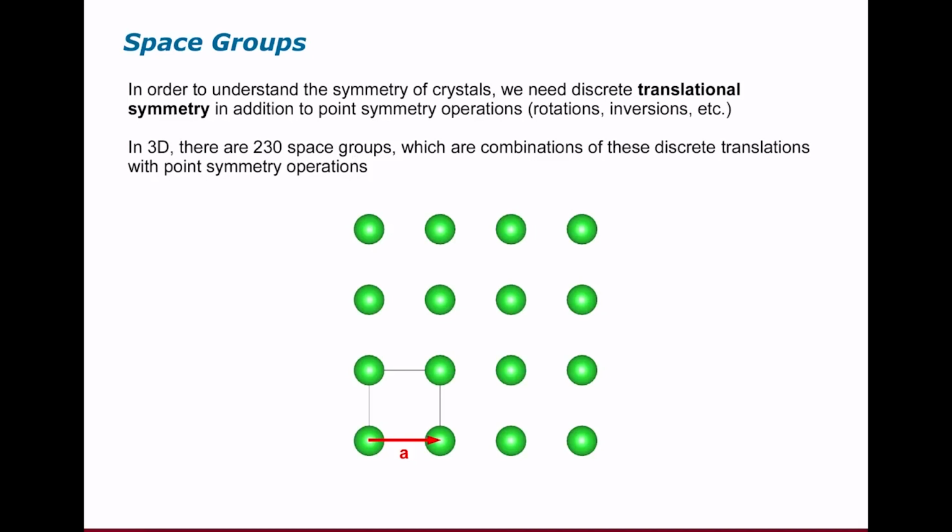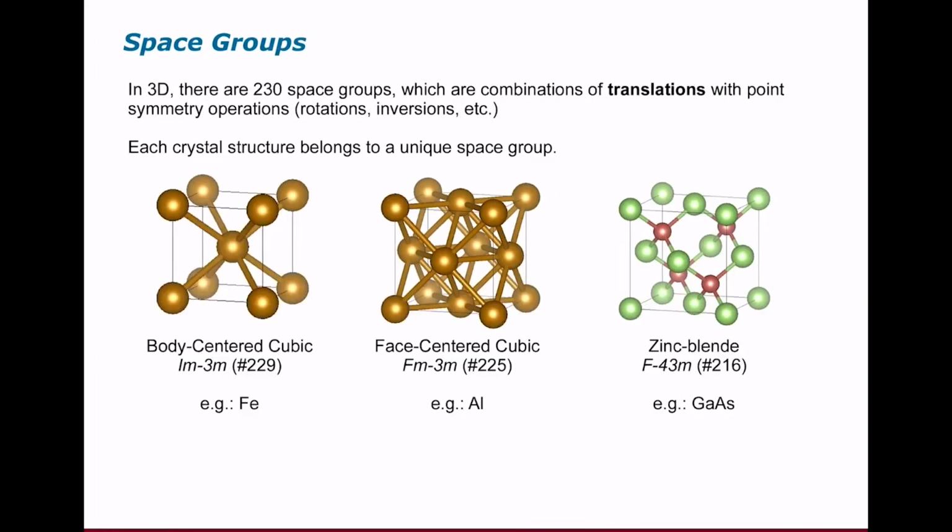In other words, there are only 230 three-dimensional space groups that can describe a crystal. This was a result that was studied even before crystals were around, by mathematicians working with things like this. Now, luckily, these space groups are also all tabulated. 230 is a large number, but it's a finite number, so people can work through these.